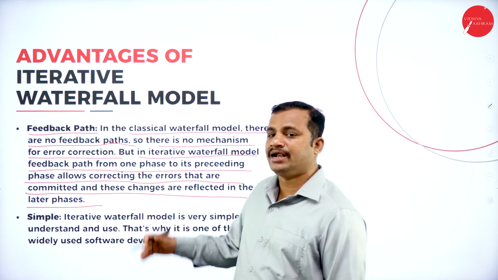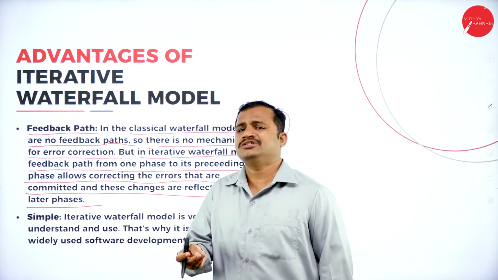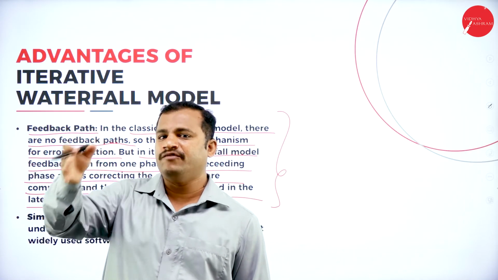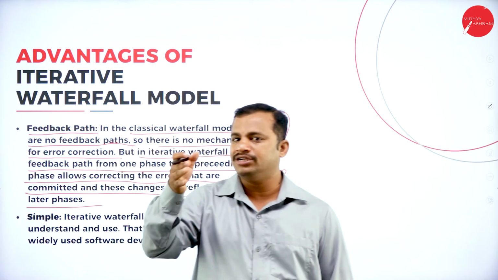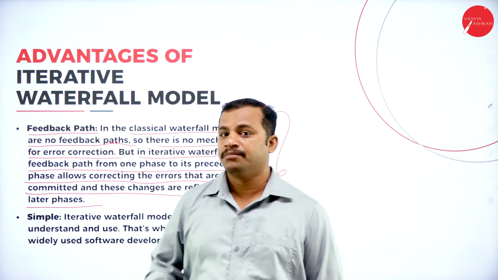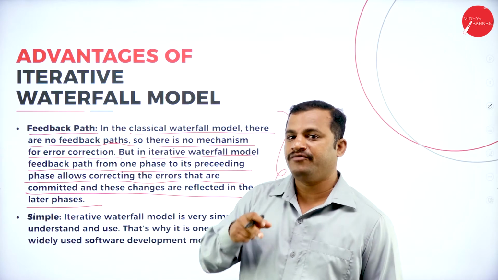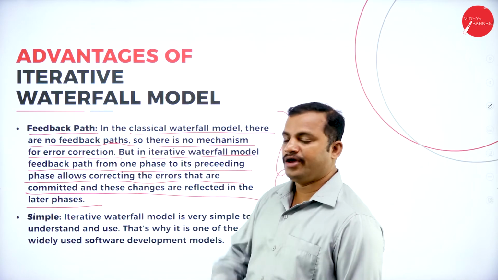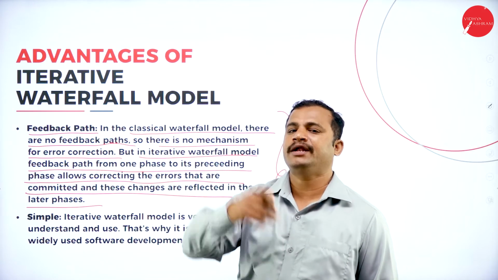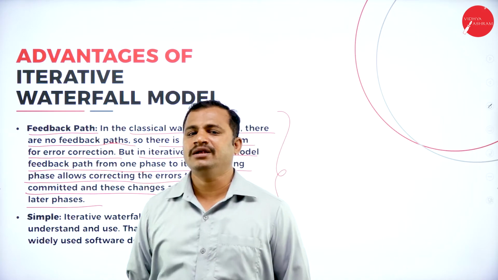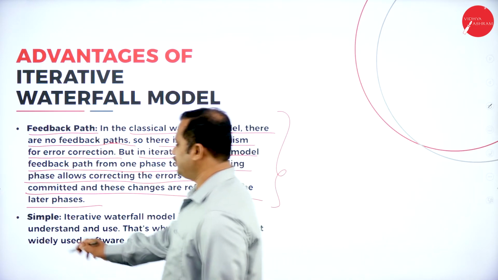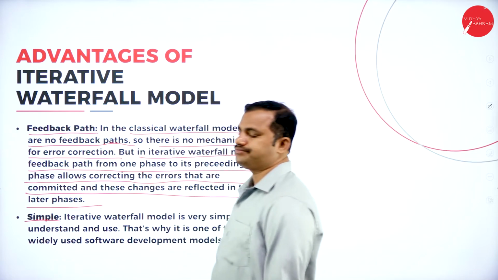If any changes are required in the previous phase, they can be incorporated as soon as we identify the errors, by navigating to the previous stage through a feedback path. So the software development becomes an updated one, which reflects in the next and further stages of the software development life cycle.